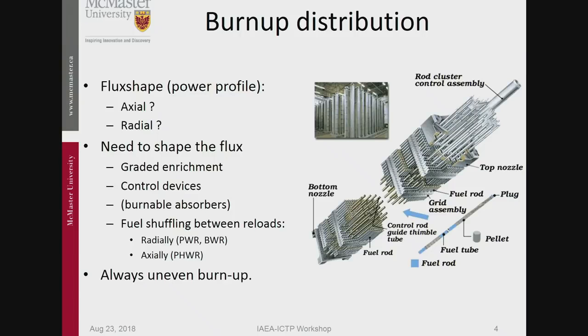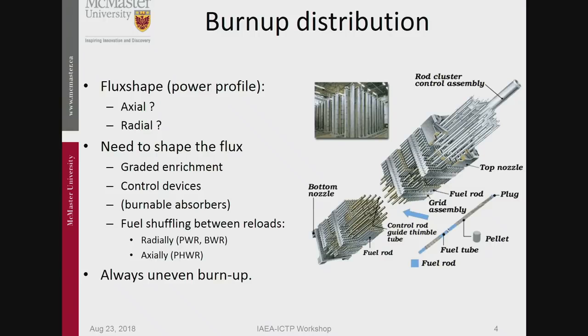You can adjust that flux by all kinds of methods, by having graded enrichment, which will help you in the radial direction. You can have control devices and try to flatten the flux. You can put burnable absorbers. And you can also do fuel shuffling between reloads. So you can do it radially; in BWRs and PWRs, you do that.